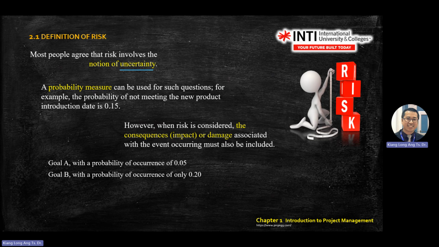So if you have goal A and goal B, goal A has a probability of occurrence of 5%, and B is 20%. So which goal is more risky? A or B?